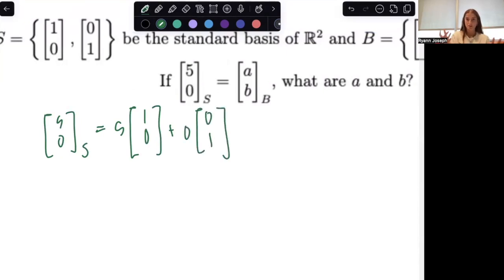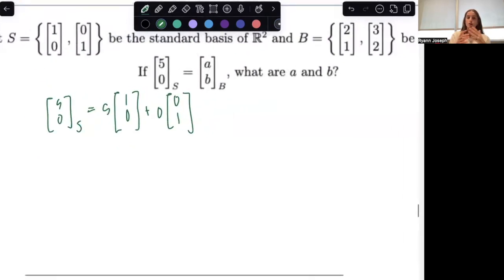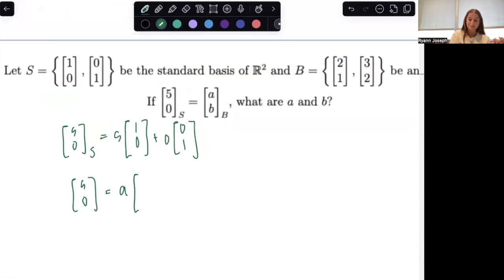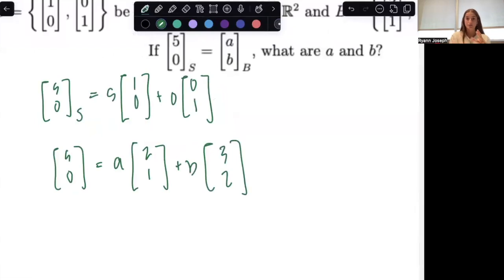That makes sense, obviously. But now we want to know what it is with respect to my other basis, my B basis. So this is asking us, how can I make 5, 0 using my basis elements? A times 2, 1 plus B times 3, 2. That's what it's asking us.